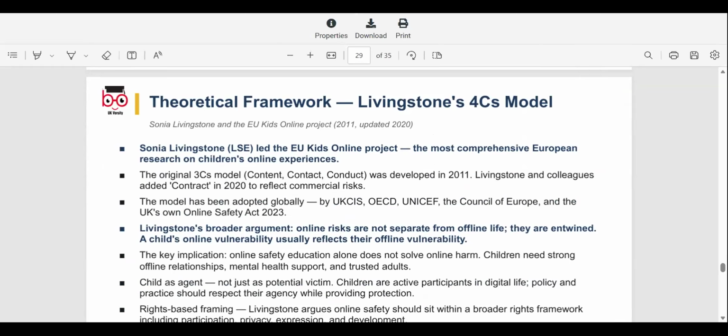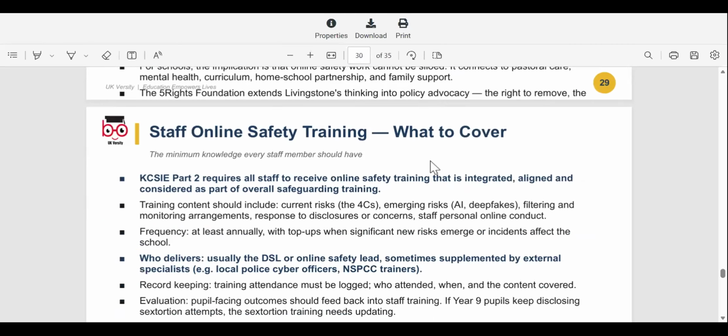The aim was to limit exposure to inappropriate or harmful material, and this was the relationship between recognizing online risks and recognizing and raising any issues as well.